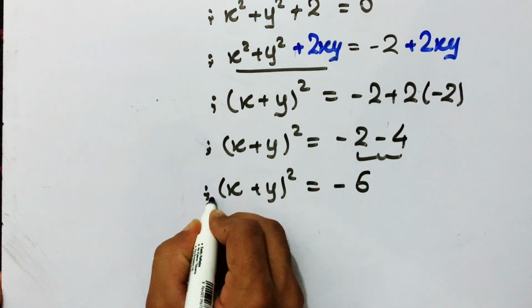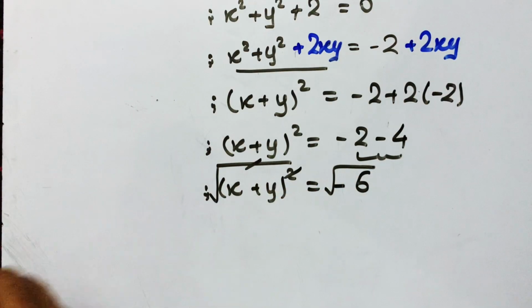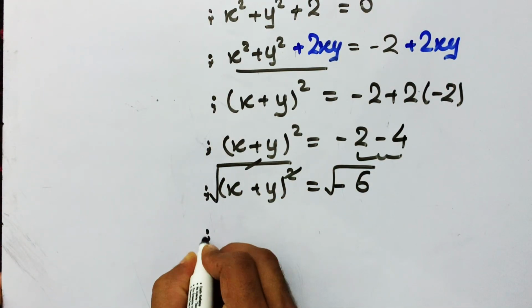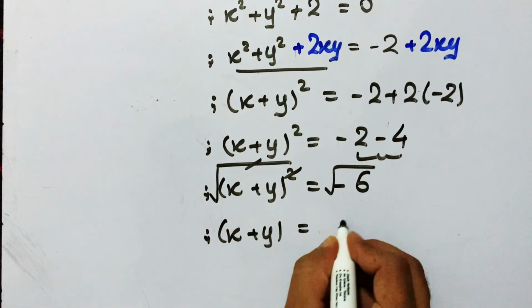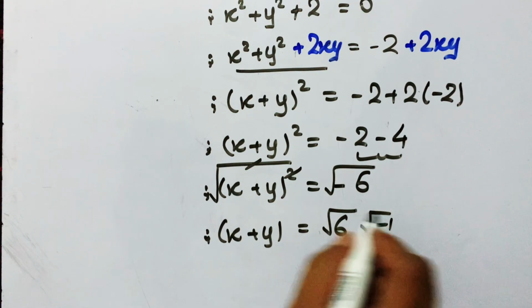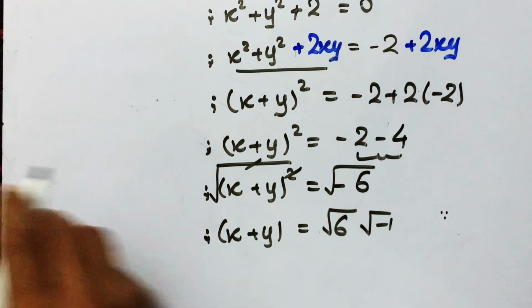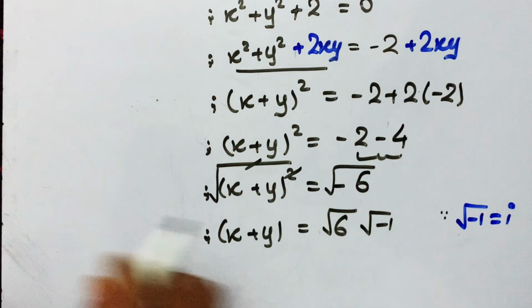Now I take the square root of both sides to cancel the square, and our remainder is x plus y equals square root of 6 times minus 1. As we know, the square root of minus 1 is iota.